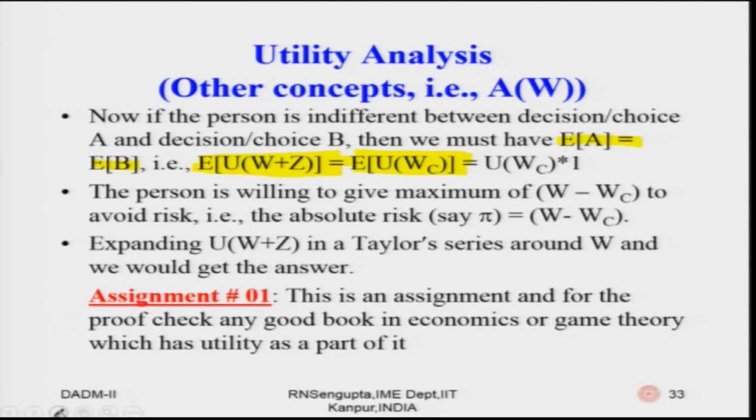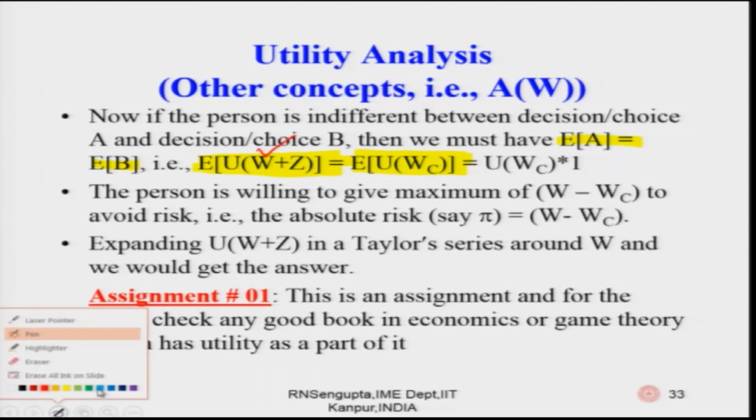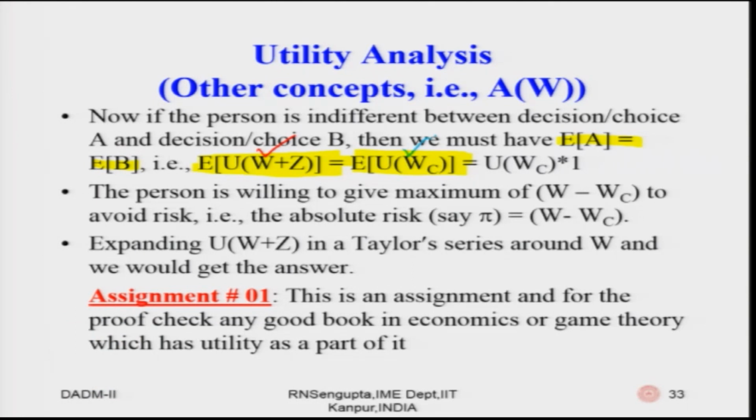Maybe I will just put a tick with respect to colors, so it will be much easier. This is A, and if I consider B, this is B. B was a decision which was certain, so you have WC only and the probability would be 1. You multiply them and you get u(WC), depending on the utility function's functional form.